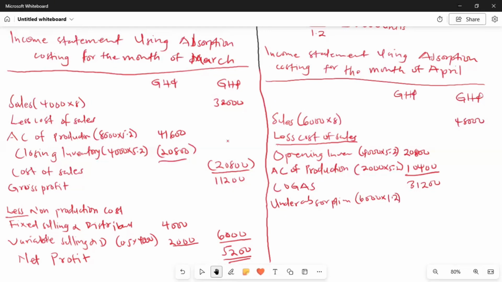So 6,000 by 1.2 will give us 7,200. So since it is under absorption, then we are adding. So 31,200 plus 7,200 will give us 38,000.